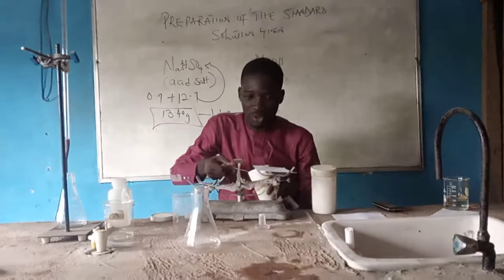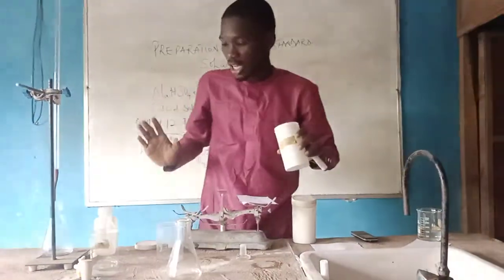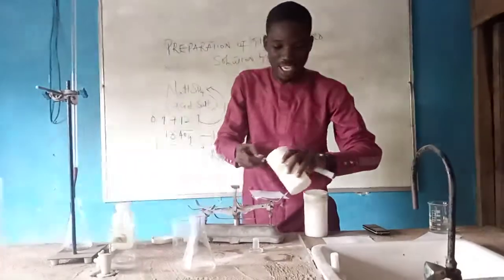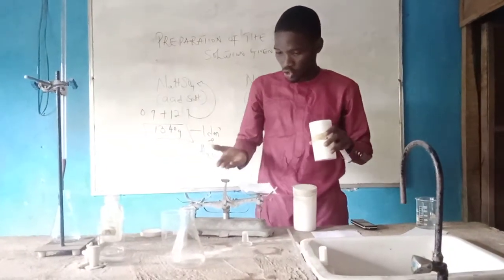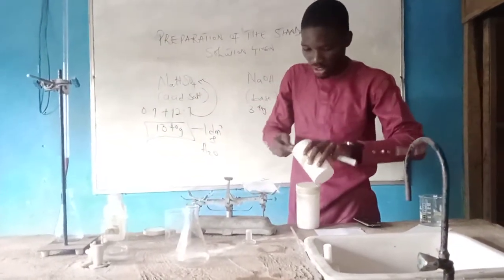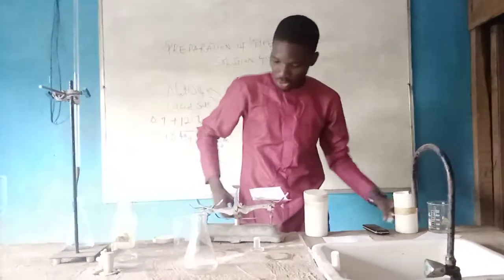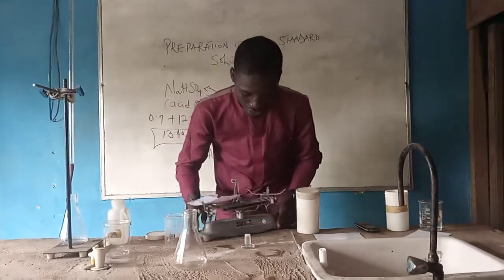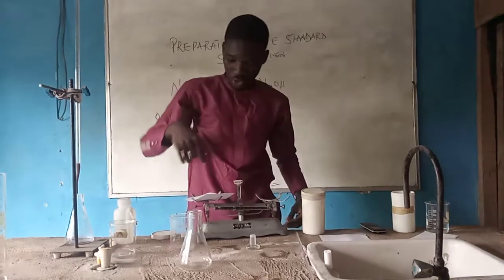So class, mind you, because you can see now it is in liquid phase already. So now I'll just take a little portion of it. If I should weigh it, we might not get our particular point. So let's try it. You can see it's going. So let's continue. So mind you, looking at what you have here, I said we have what? 9.43, which is what you have here now.